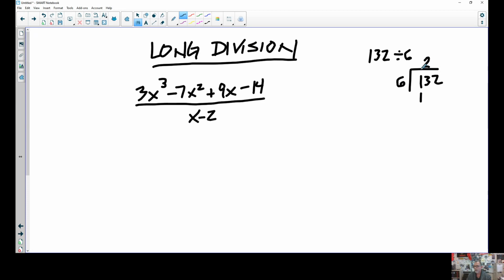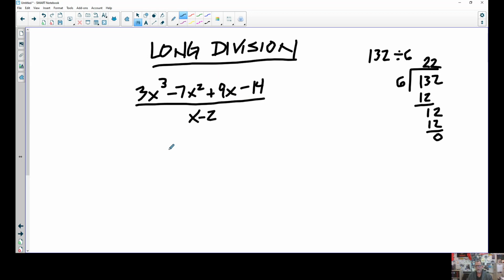I multiply, right? After I figure out it divides in twice, then I multiply, I get 12. And then I subtract, and I get 1. And then 6 goes into 1. No, but I can bring down the 2. 6 goes into 12 2 times, and I get 12, and I have a remainder of 0. So if anything had been left there, that would be a remainder.